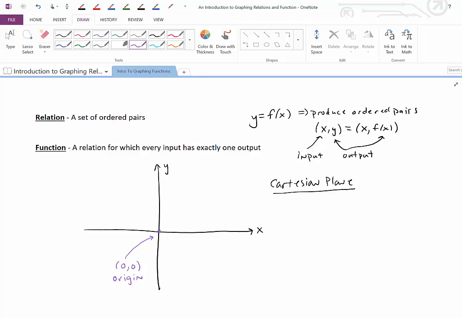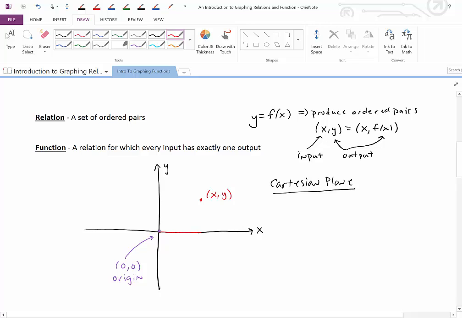Okay, so how do we graph such an ordered pair? Let's just pretend we're going to graph some ordered pair up here. Let's call that point some x comma y, whatever it may be. So to get to that point, starting from the origin 0, 0, we first move left or right accordingly from there, depending on where our point is. Here it's up there at the top right.